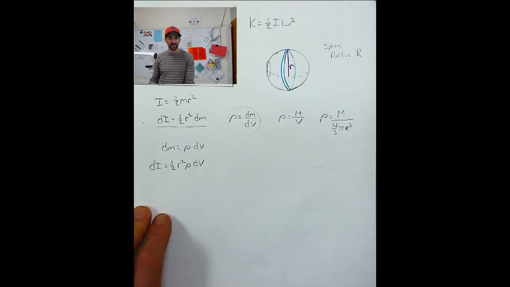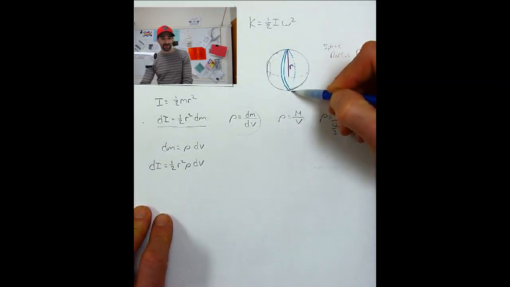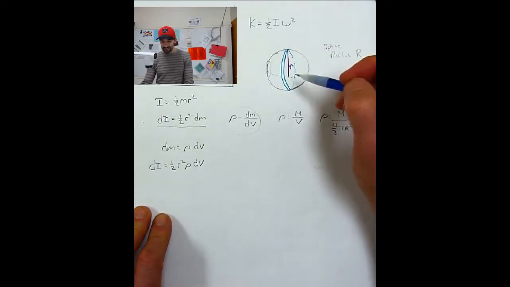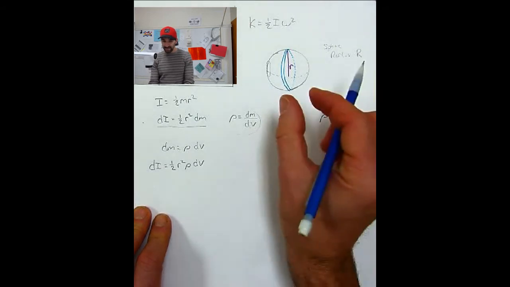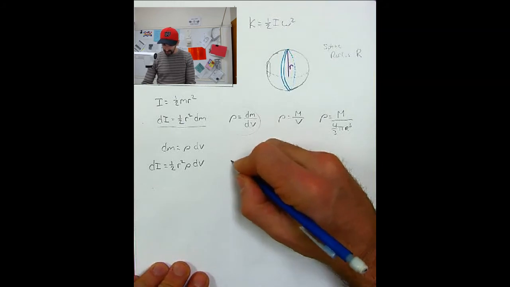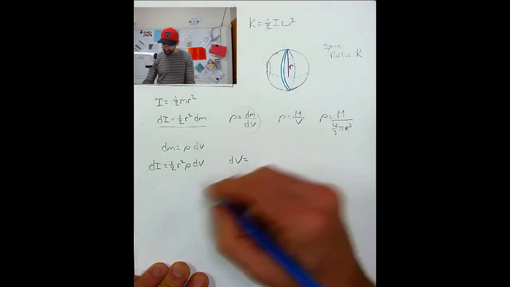All right, well now how is this helpful? Remember, now I'm thinking about this disk. I'm not actually thinking about the sphere anymore, just the disk. The volume of the disk, this very small, almost solid cylinder, I'm going to say dV, is equal to what?